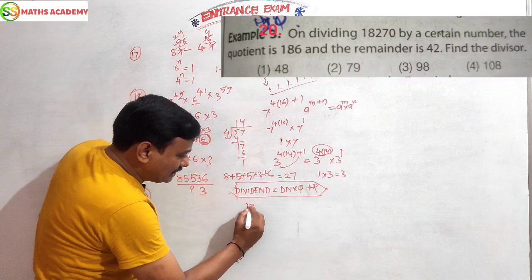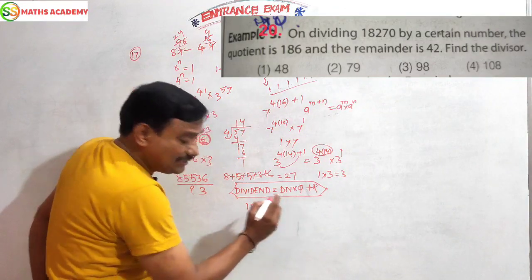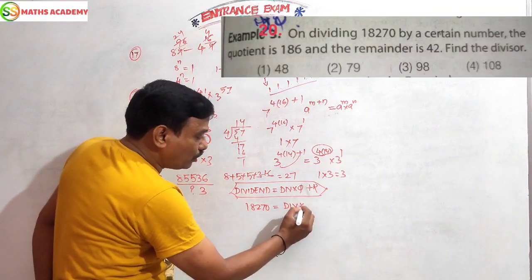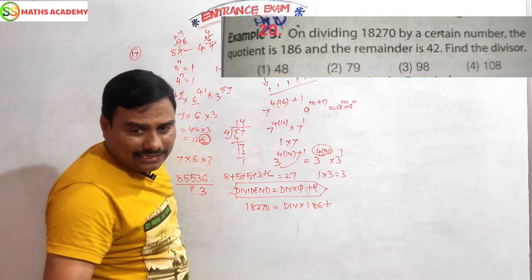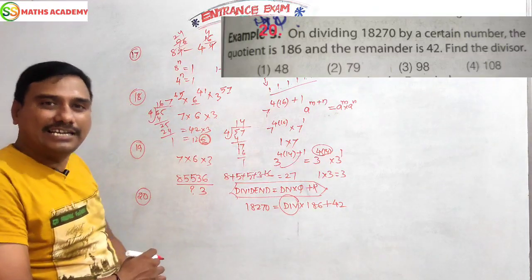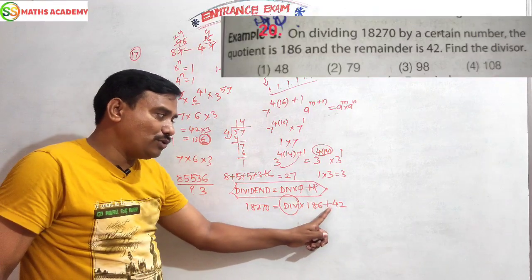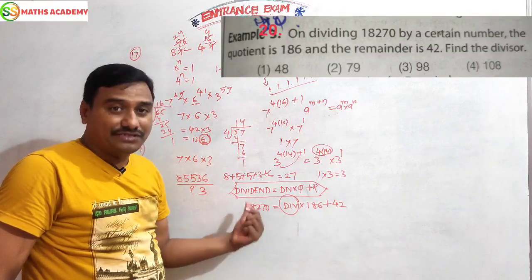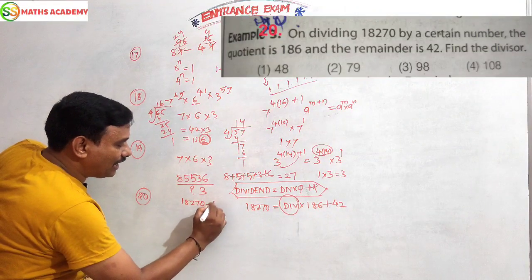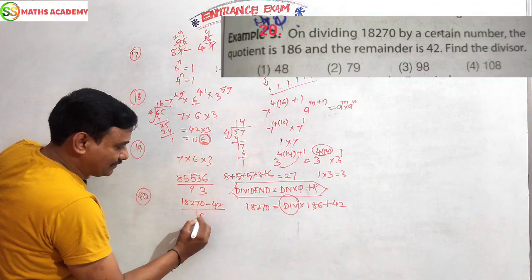On dividing, dividend is given: 18,270 is divided by a number. Divided by which number we don't know. Quotient is given, 186, and the remainder is also mentioned, 42. What is asked? Divisor. If you know this formula, then the answer will be easy. First you have to transpose 42 to the left side. It becomes minus. Means 18,270 minus 42, divided by 186.